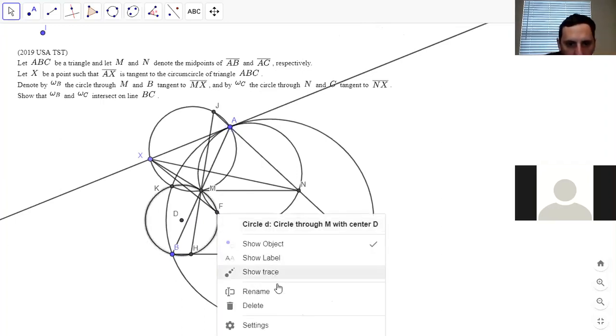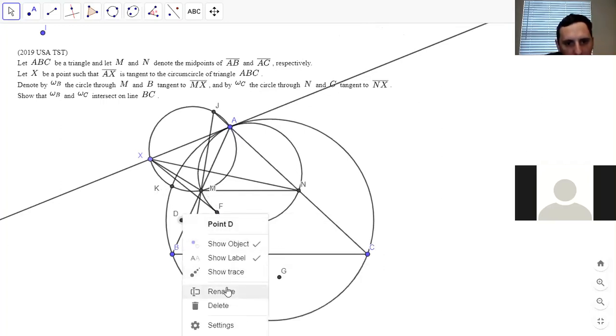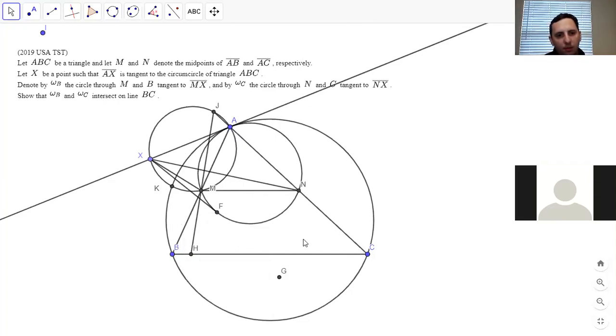I'm going to hide this circle for now. So I forget, how did we define H? Oh wait, I think we needed the circle to define point H, right?